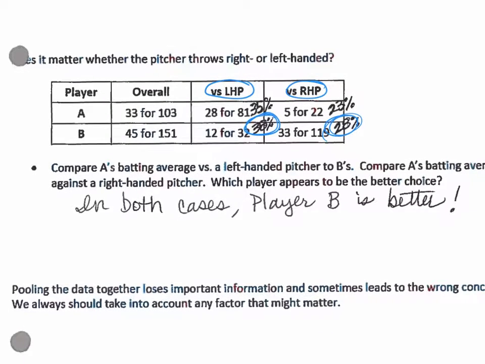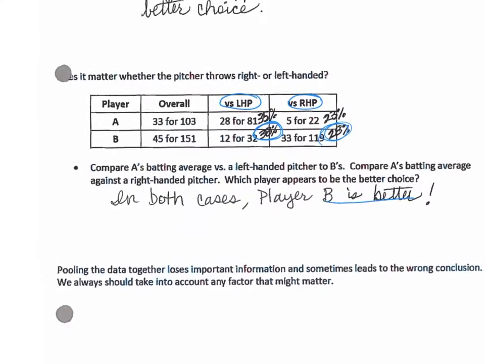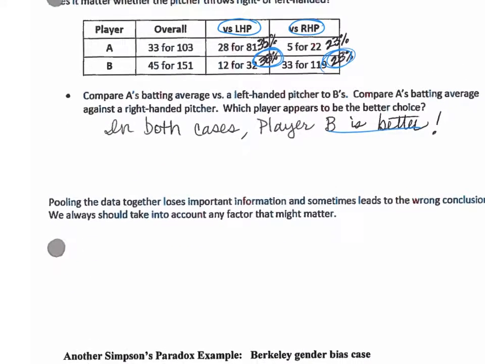So player B was better with the separate groups, and player A was better overall. Do you remember the song? The conclusion you make from the separate groups is different when combined. Hey, why does it do that?